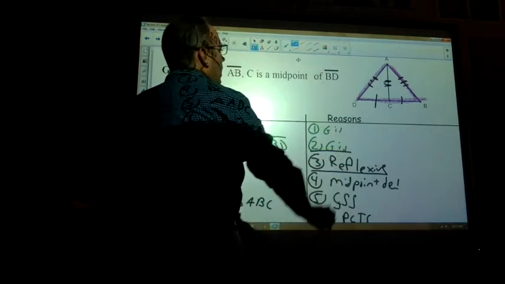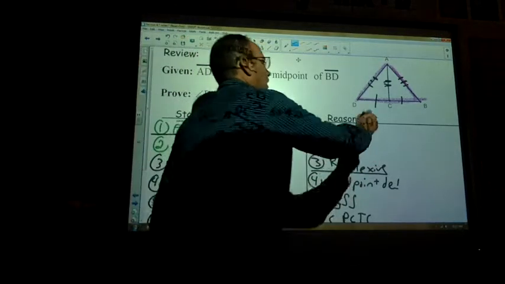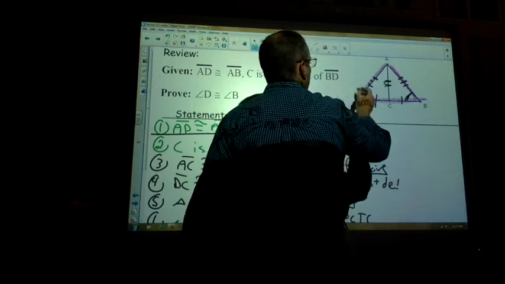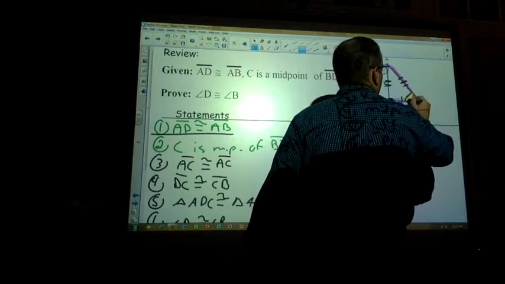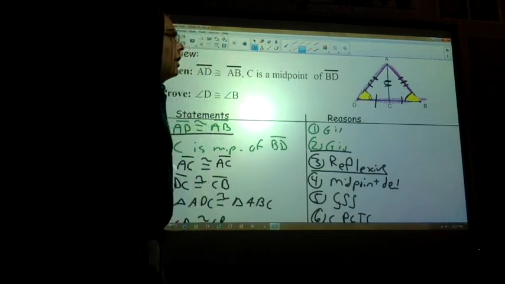Now, what did we just prove on this? What was our big proof? Angle D is equal to angle B. So this angle here and this angle here, let's make it a bright yellow. So we just proved those base angles are congruent.